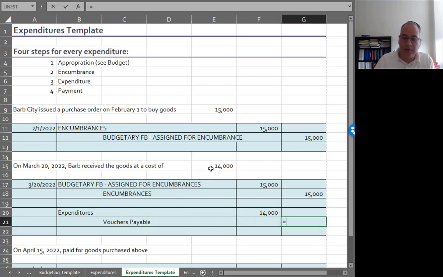Now let me explain a little bit about what vouchers payable is. Companies used to do this, they don't do it anymore, but governments still do it: they keep all the items related to this expenditure together. So there'll usually be a folder with a lot of forms and a binder clip over it and a big envelope.